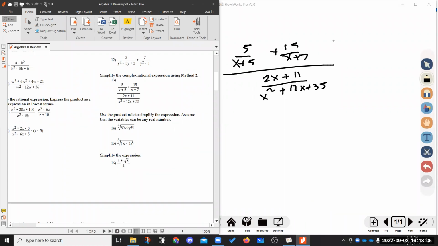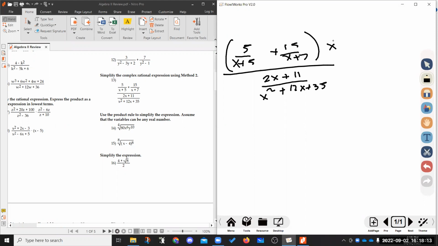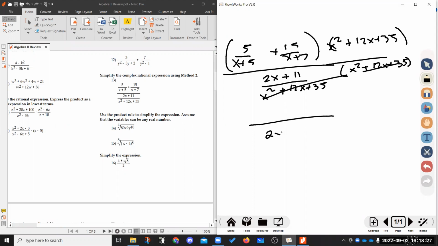If I take x plus 5 times x plus 7, I get x squared plus 12x plus 35. So I'm going to multiply top and bottom of the fraction by x squared plus 12x plus 35. This is going to give me 2x plus 11 in my denominator.